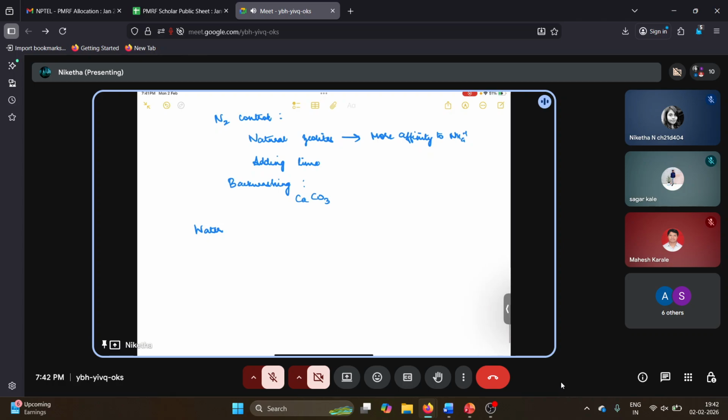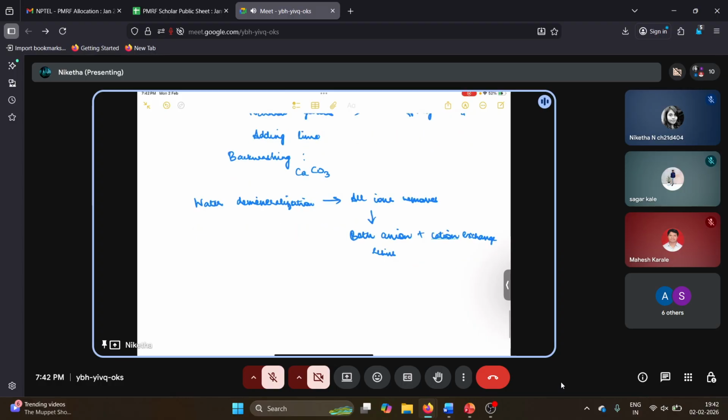Here, since it requires removing all ions, we need to apply both anion and cation exchange, one followed by the other.